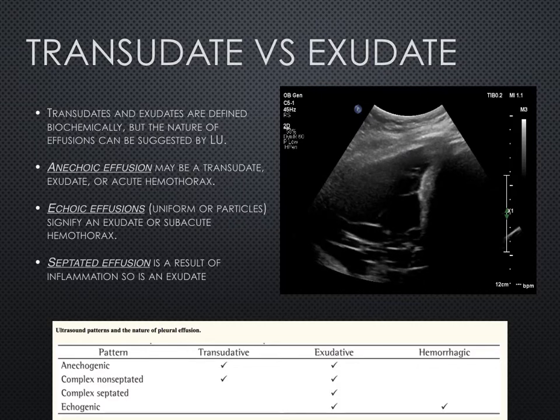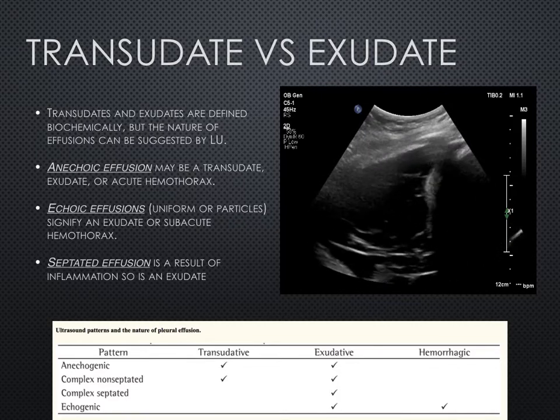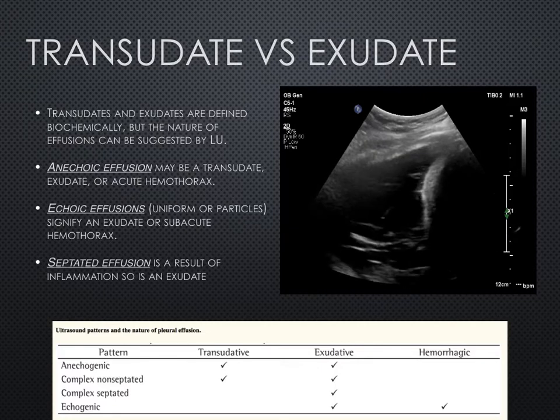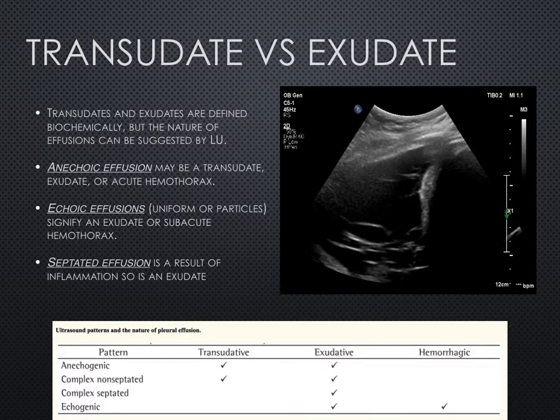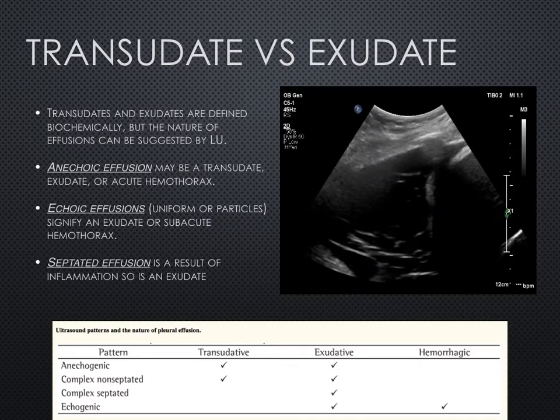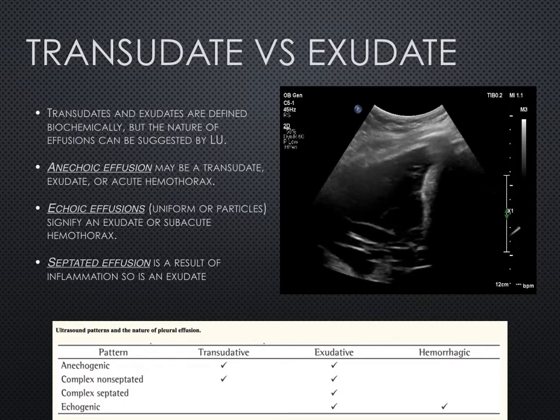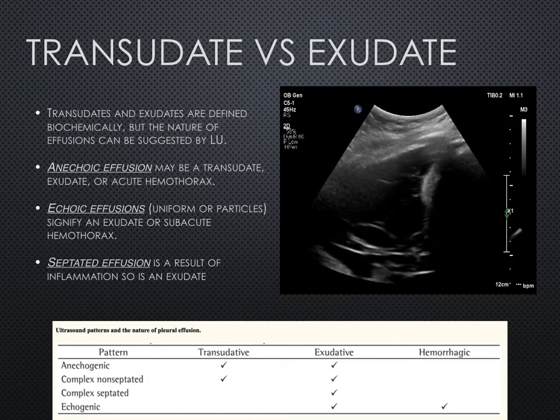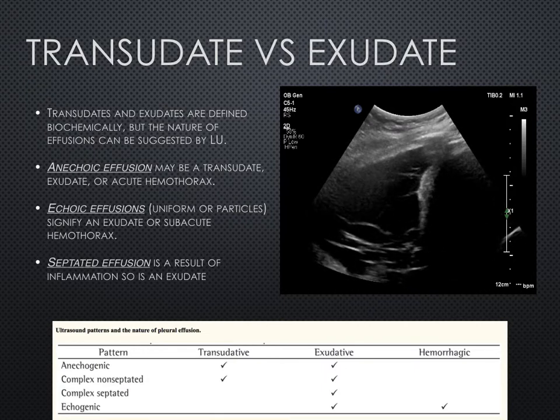If you start to see fluids that look more complex in nature, so you've got these septations, and you're seeing that there are particles within that fluid itself, it's giving you an indication that it's more of an inflammatory exudate type of fluid that is going to be more likely to be infected.